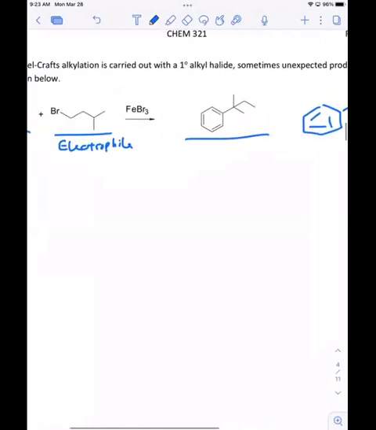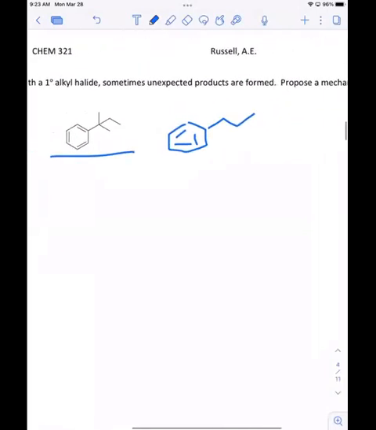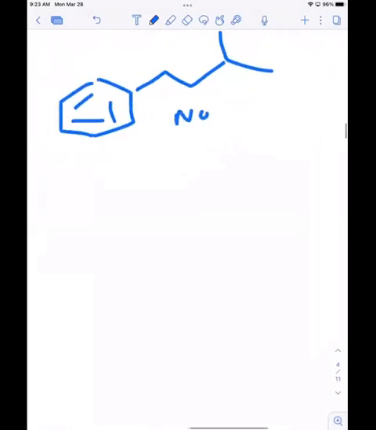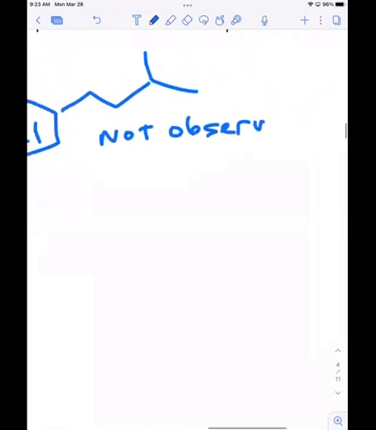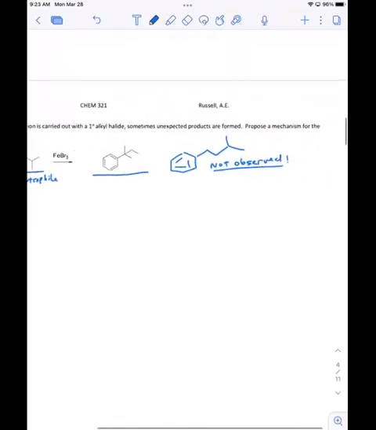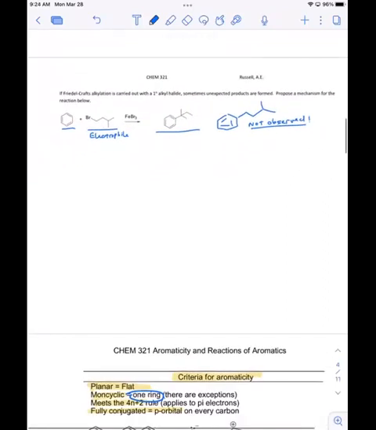How many carbons is that? 1, 2, 3. All right, we don't see that. And that's a drawback for doing Friedel-Crafts alkylation.